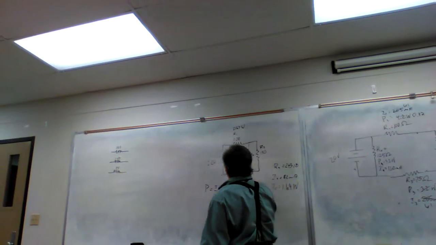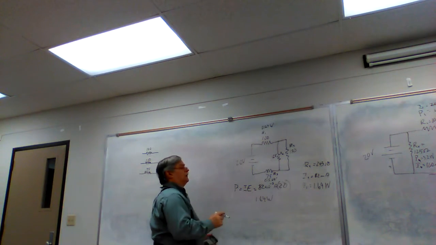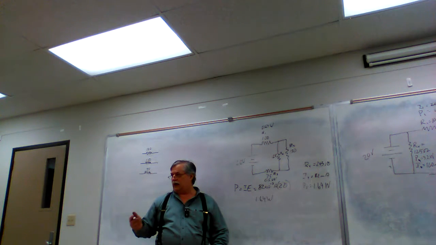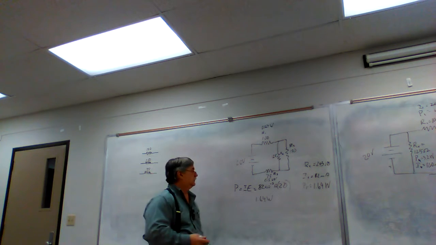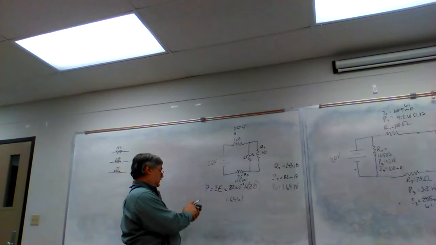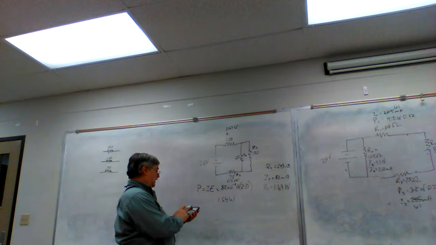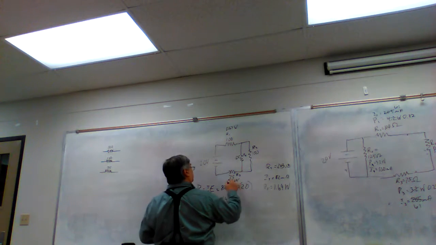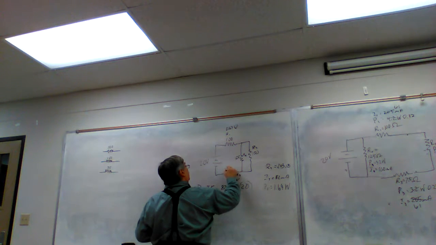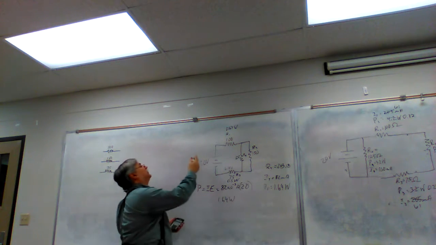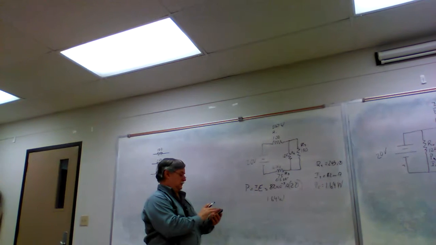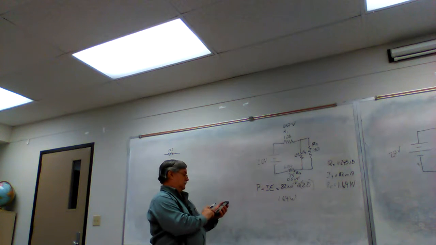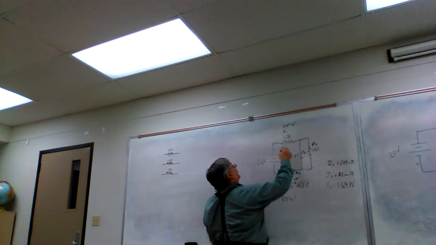So what's our voltage drop here at R3? I times R is voltage. So we have 0.082 times 75 is 6.15 volts. Up at the top, 8.2 volts.